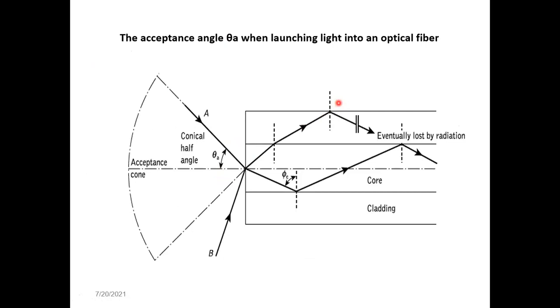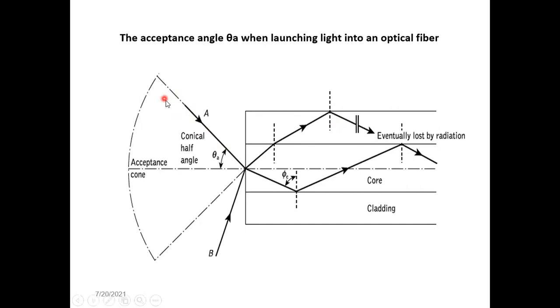A light ray is incident on the fiber core at an angle less than the acceptance angle for the fiber, theta A.